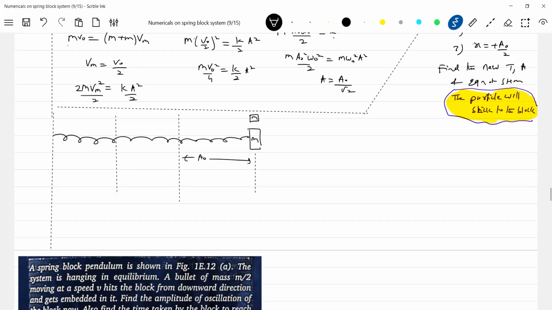At the extreme point, what is the state of the block? It will be at instantaneous rest. I think I cannot write instantaneous, so you have to understand that. Instantaneous rest it will be.